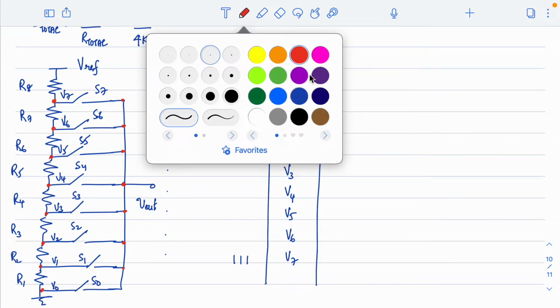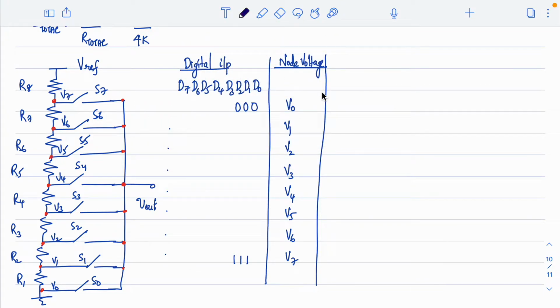Now, what I need to write exactly here is, I need to know the actual output voltage coming in, and we can also calculate the ideal output voltage, and based on these two we can calculate DNL as well as INL, right? So two more columns I will write. One is the actual output voltage, V actual, in volts. Another one is the ideal output voltage, V ideal, also in volts.